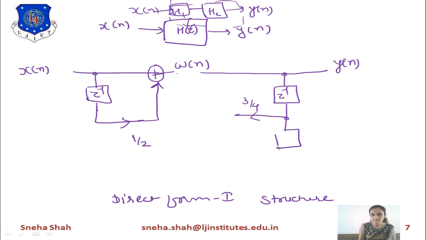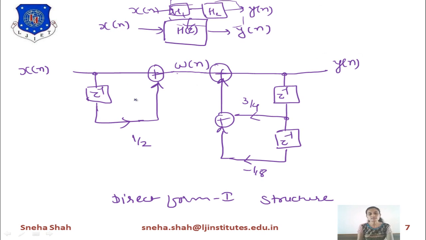Then we take another delay unit, which multiplies with minus 1 by 8. This part will be added with this part, and both will be added with this part, so it gives you the final answer y of n. So this is the final structure of direct form 1.